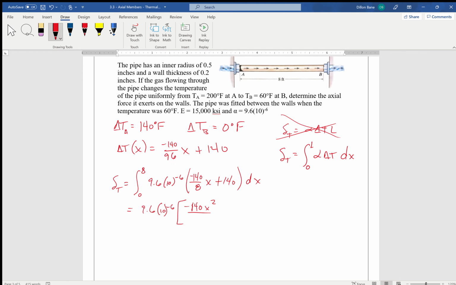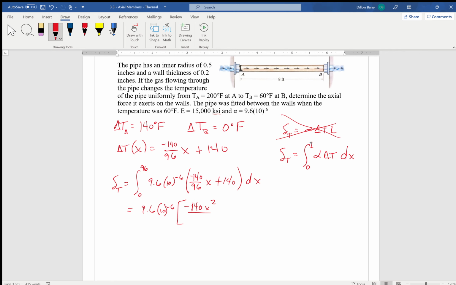Now that we're doing our integral, from 0 to 8 feet, our 8 feet is 96 inches. We're doing all this so that our units come out correctly. So we'll change it inside the integral to negative 140 over 96x. And now we're good to go.